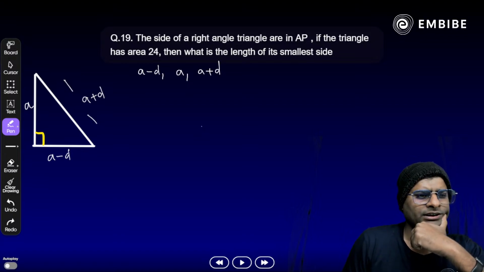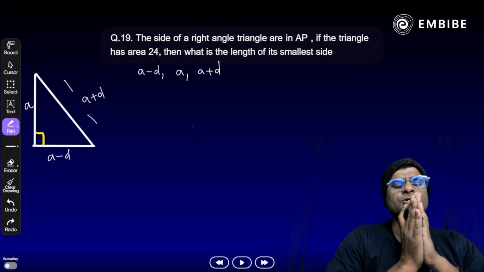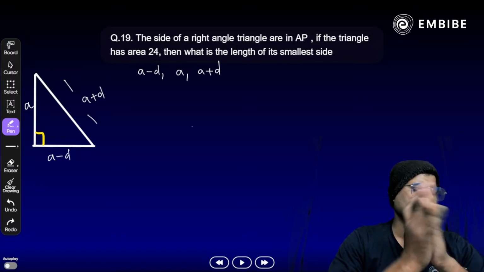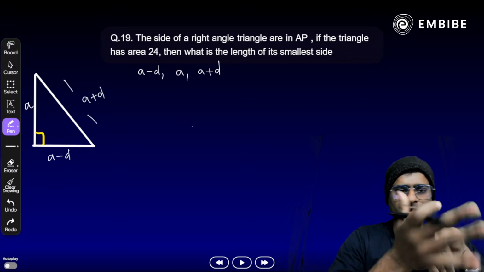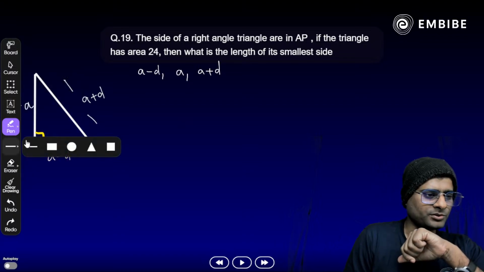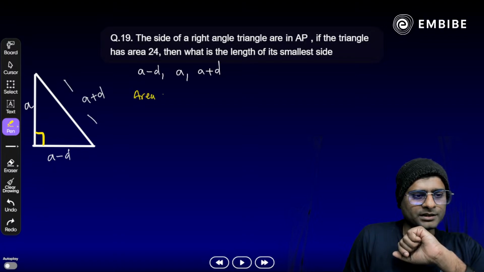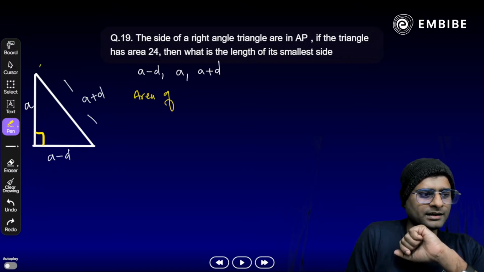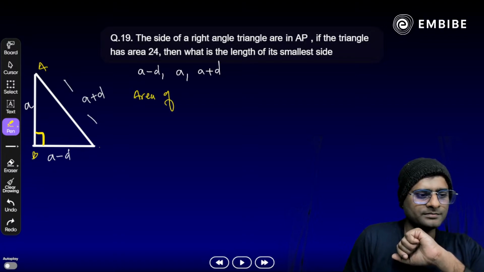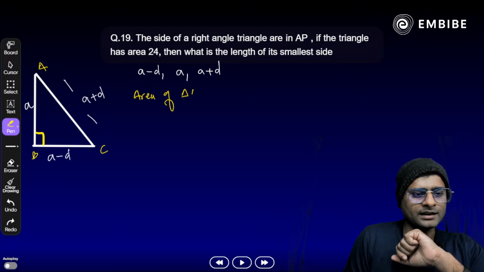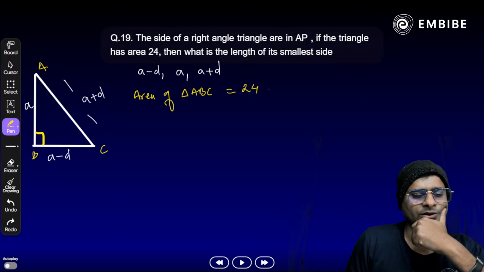Okay, now according to the question, the area is given here, that is 24 square unit. You have to simply write it down, don't forget about the unit as well. So the area is nothing but the area of triangle, I have to name it ABC. Area of a right angle triangle is given, it is 24 square unit.